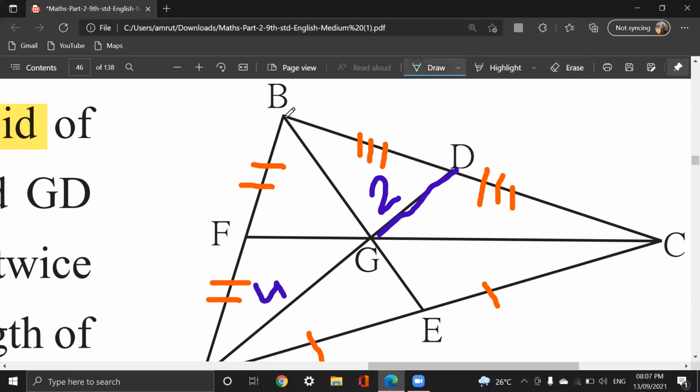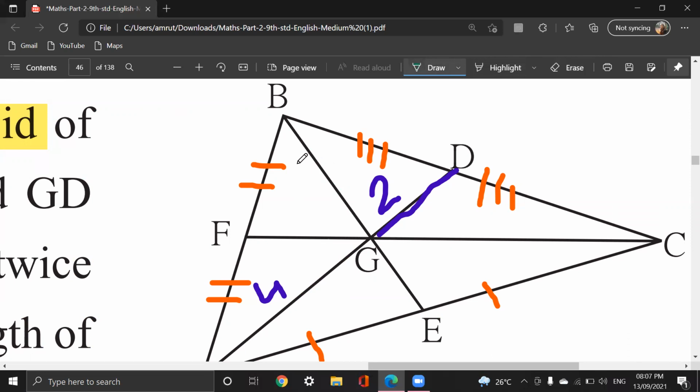Please mind my drawing, because while doing it on the computer there sometimes becomes a problem. I'll just speak and you'll understand. So first you have to measure BG with the scale, and then you measure GE.